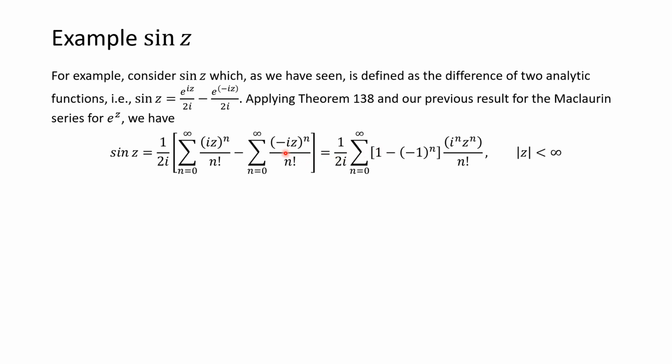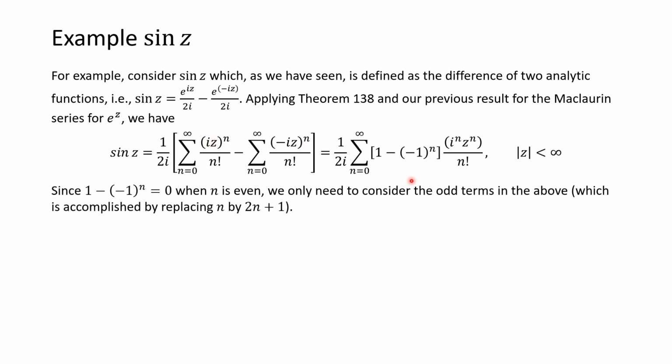And notice we took the minus 1 to the n and we brought that out here. So we have a 1 from this term and a minus 1 to the n from here. And then once you factor that out, then you have i to the n, z to the n over n factorial from both of these. So we can do a little bit more reduction.